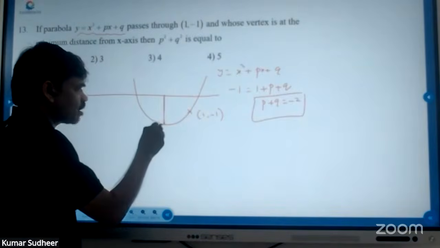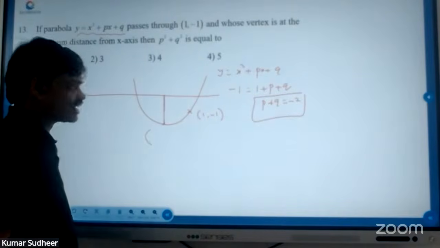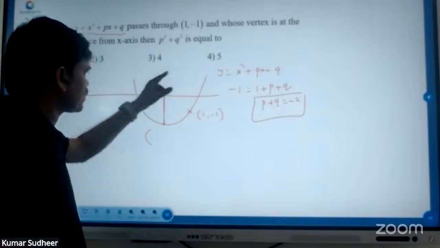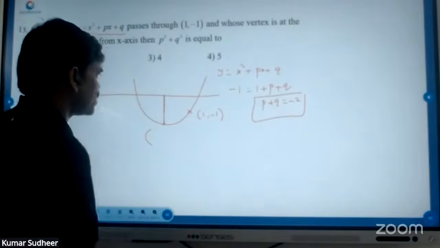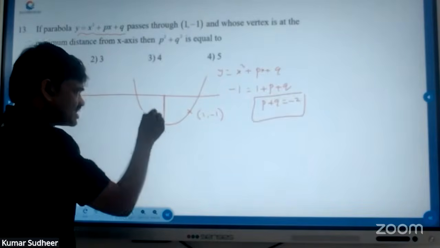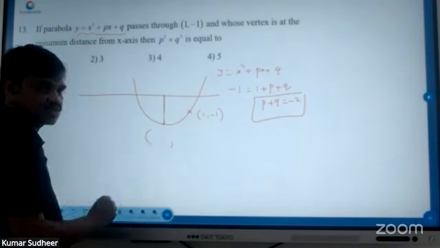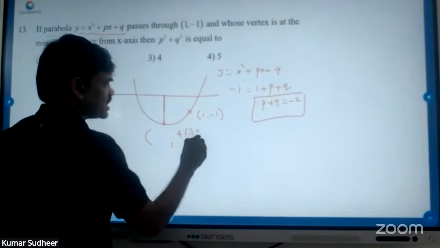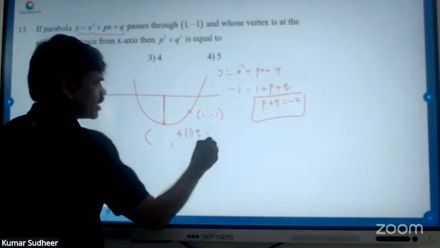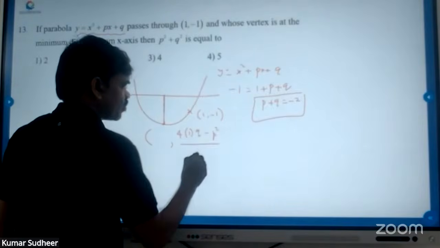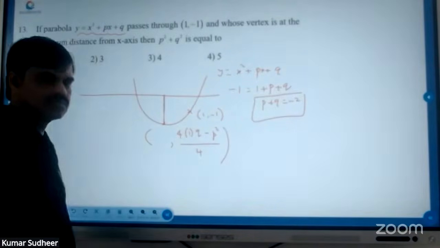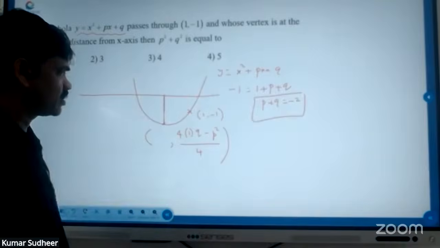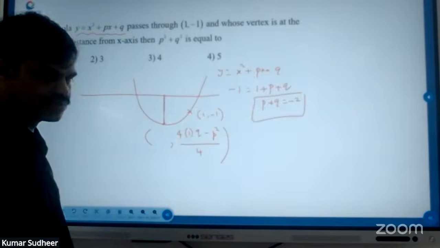Vertex of the parabola we know is minus b by 2a, but that is not required, since this is the height, I require only this one: that is 4ac minus b squared, divided by 4a. This value should be minimum, they ask.